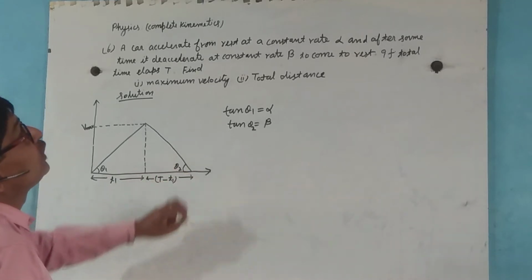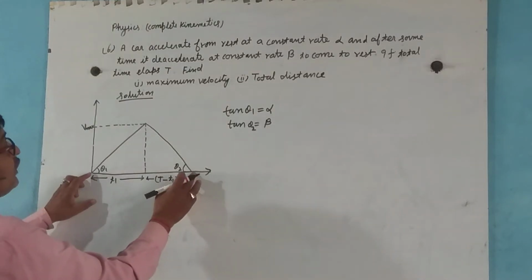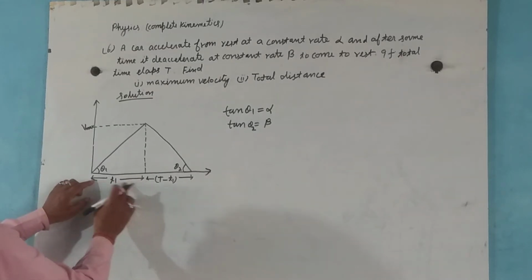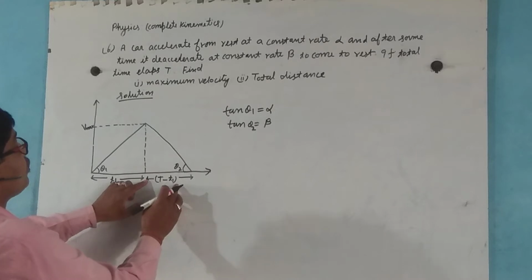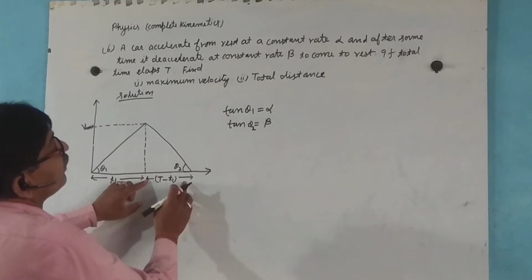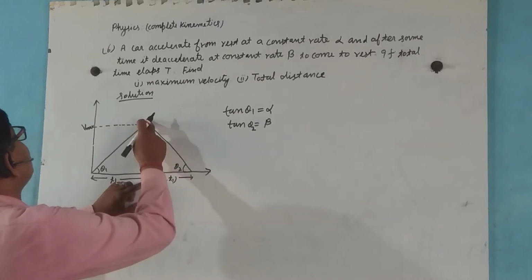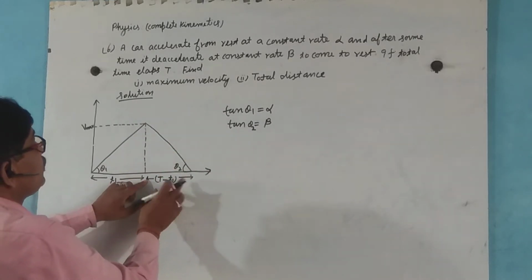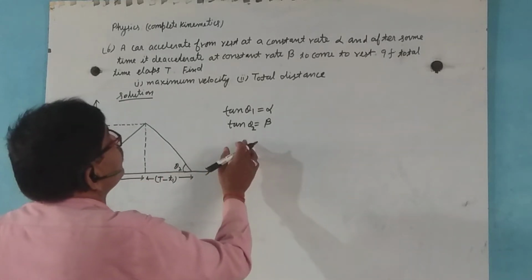Let us suppose the total time elapsed is t, and the time from start to maximum velocity is t1, so the particle comes to rest from the maximum velocity in time t minus t1.